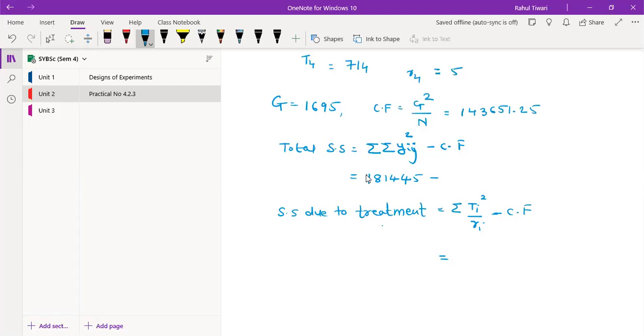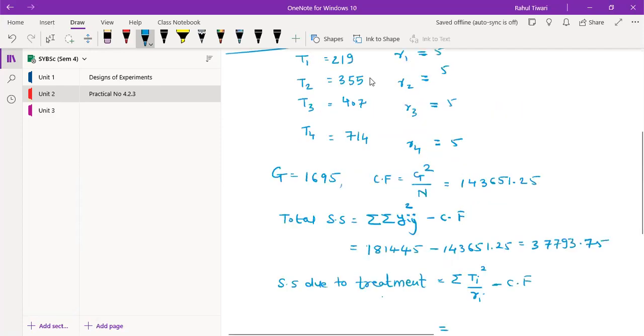Yes, sir. Just subtract with this. 181,445 minus 143,651.25. So this would be 37793.75. Just check whether this is coming right or wrong. Yes, sir. And how do you get this one? Treatment square upon Ri: 219 square divided by 5, 355 square divided by 5, and so on.